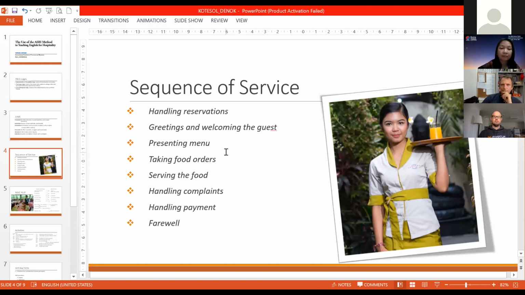The first is greeting and welcoming the guests, then presenting the menu, taking food orders, serving the food, handling complaints, handling payments, and farewell, saying goodbye to the customers.